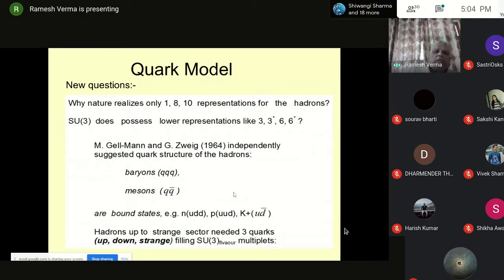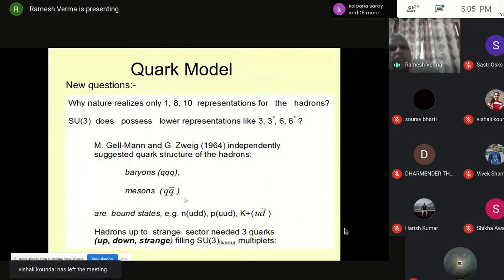To understand this further, around 1964, Gell-Mann and Zweig independently suggested that probably these hadrons are made of a new kind of particle called quarks, and baryons are made with 3 quarks, and mesons are formed as a bound state of quark and antiquark. Like the proton is made up of 2 u quarks and a d quark, and the neutron is made up of 1 u and 2 d quarks, and similarly mesons.